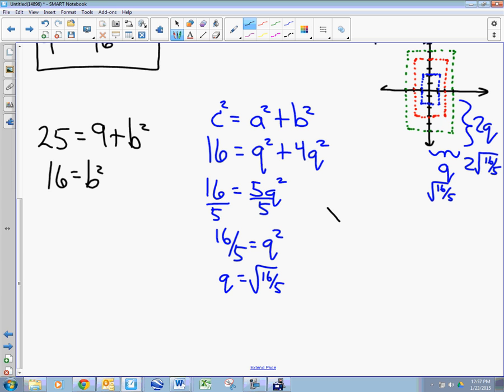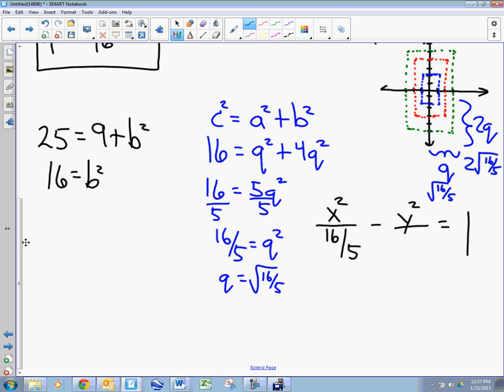So what I do is x squared over something minus y squared over something is equal to 1. x squared. How far is it stretched horizontally? Root of 16 over 5. Square that. 16 over 5.